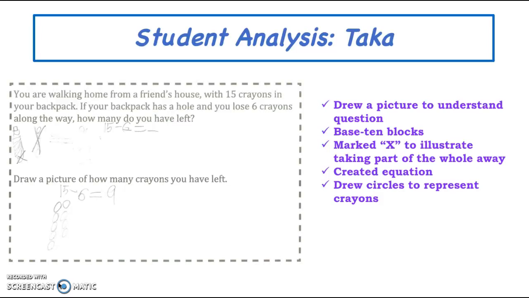To solve this question, he again drew base 10 blocks, and he put X's to illustrate that he was taking part of that whole away. He eventually got the answer, which is 9, which is correct, and he also drew circles to represent crayons. Even though he wasn't quite sure how to draw crayons, he still used some type of visual to understand how to solve this question.